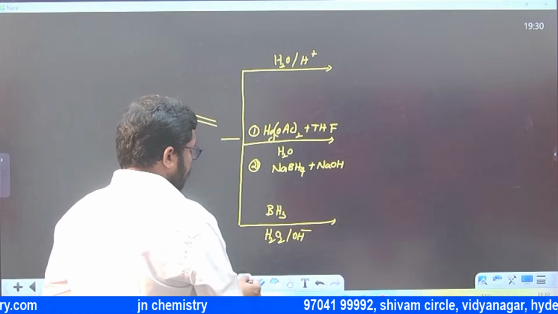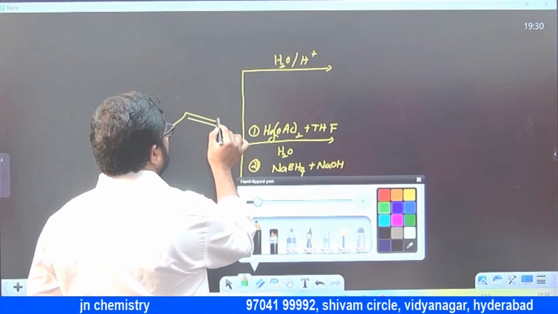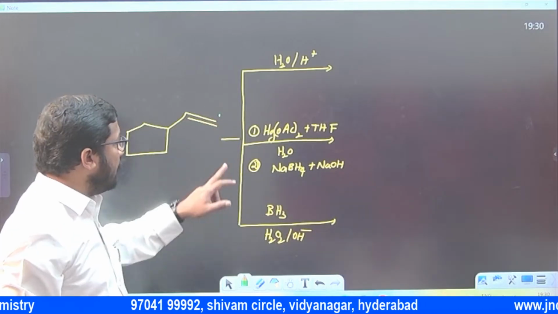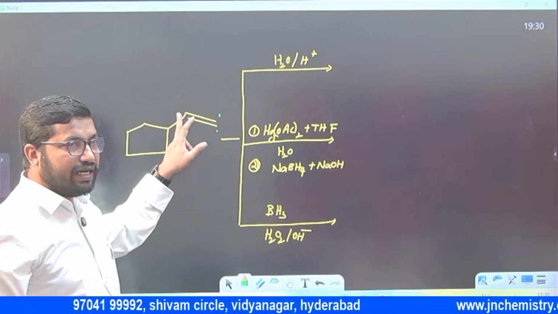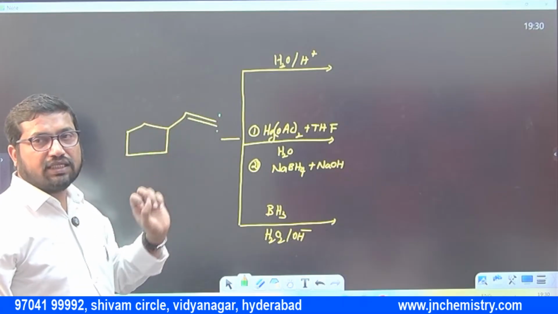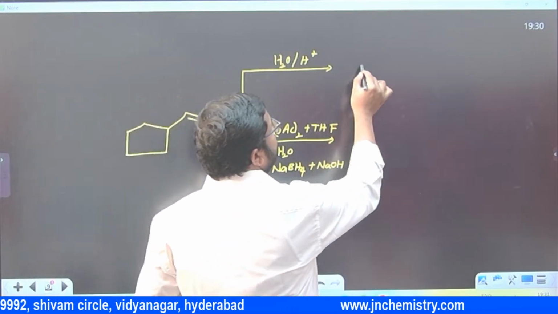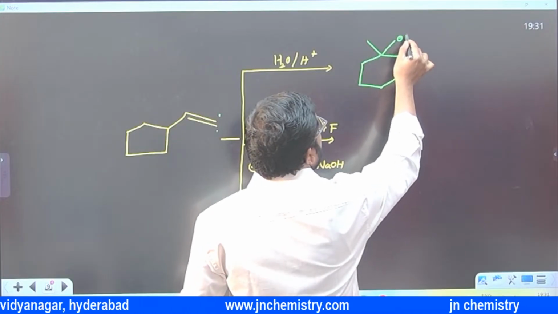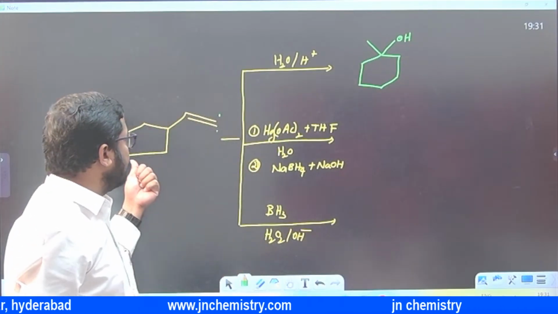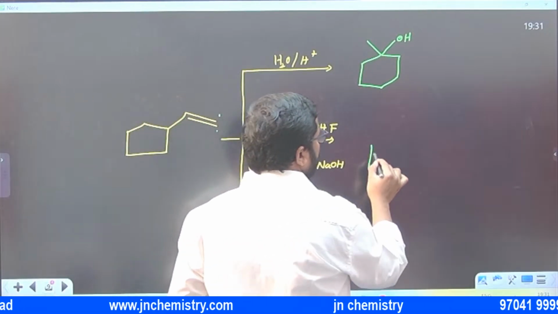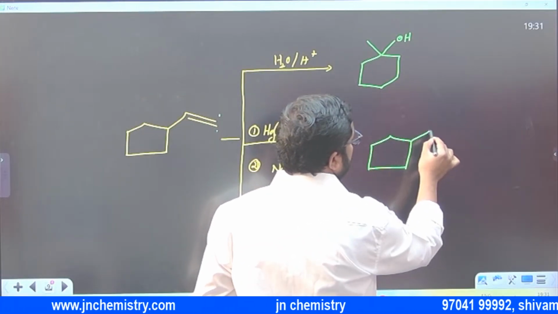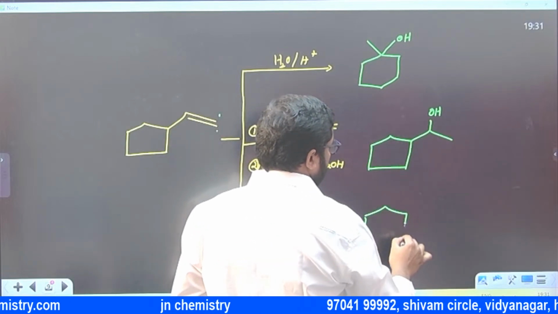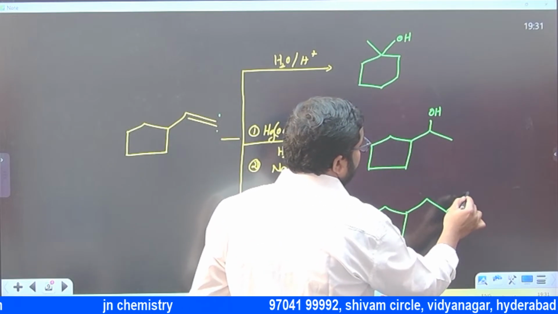Try to understand. If we want to add the OH, we can add. If you want ring expansion, it is possible. In the first case, ring expansion takes place and the OH group is forming like this. In the second case, there is no ring expansion and OH is at the second position. In the third case, we get primary alcohol.